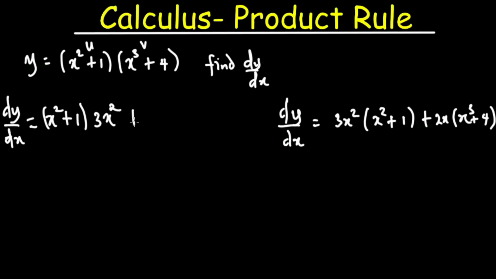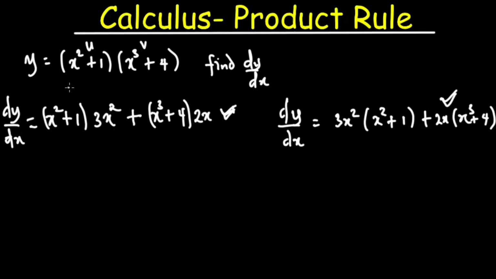And then plus, you take the second and drop it, x cubed plus 4, and then you differentiate the first one. Differentiating this, I have 2 multiplied by 1, 2 minus 1, 1. So I have 2x, which is actually the same as we have here. So you can just do all what we did in one step and you get your answer.